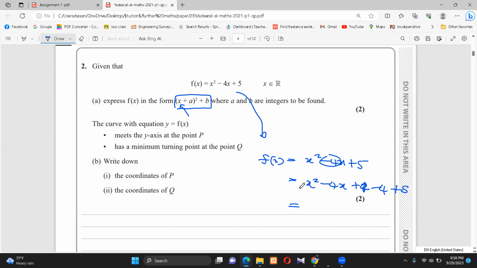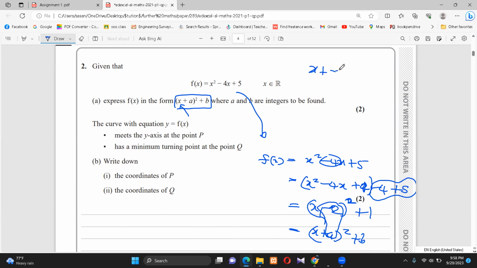So now you can identify this as the square of x minus 2. Then minus 4 plus 5 simplifies and becomes plus 1. Comparing with (x plus a) squared plus b, a is just minus 2, because x plus minus 2.